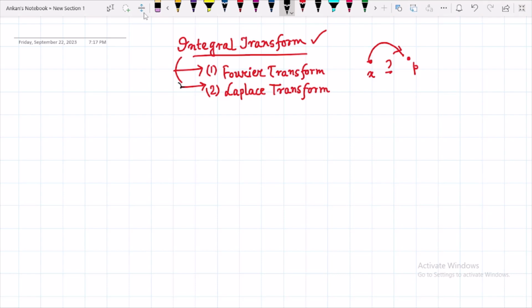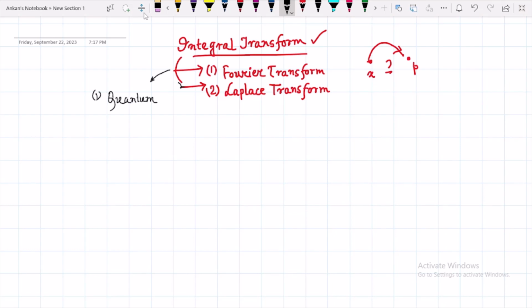Now I was telling that the integral transform helps us to transfer some function from one coordinate system, obviously a physical coordinate system, to another physical coordinate system, and it also has many applications in quantum mechanics.